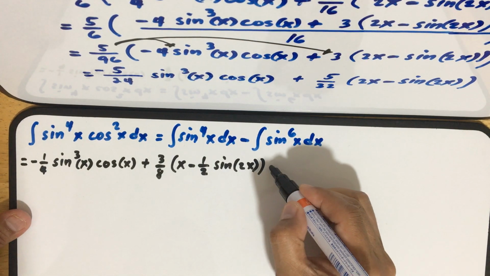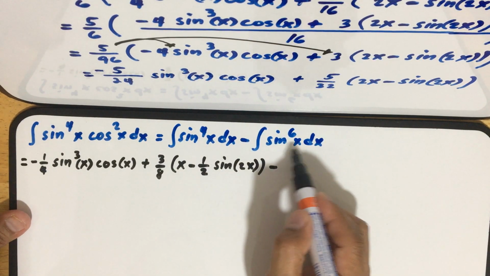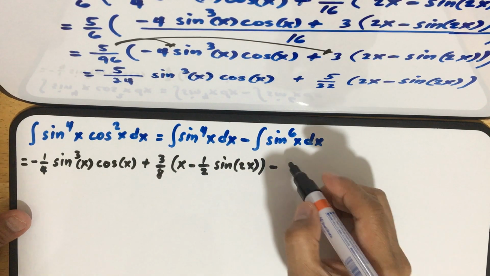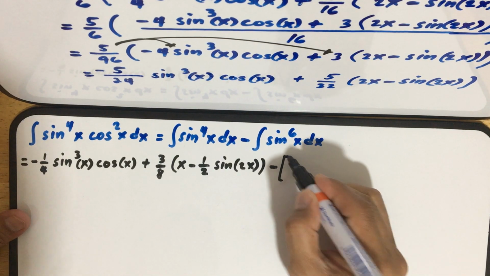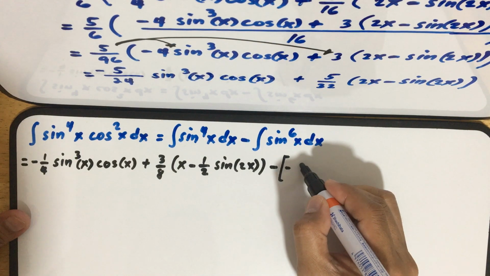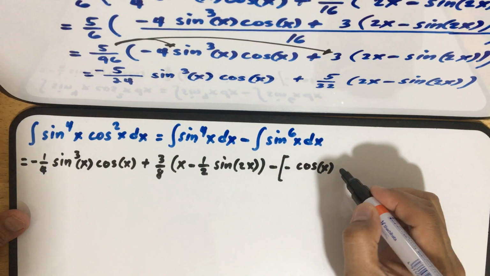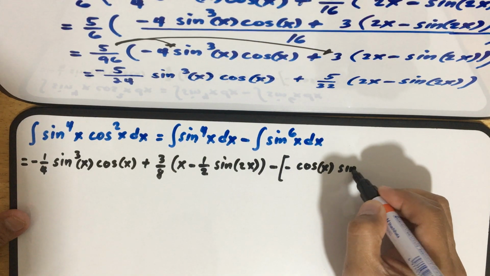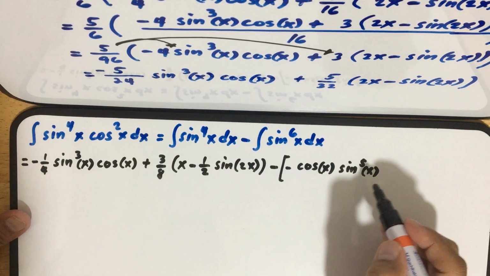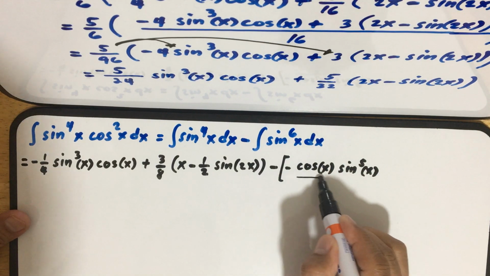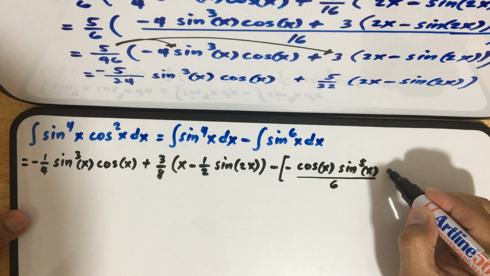Then minus, this part class is for this one alone, then minus this, where this one is equivalent to, I'll put this bracket, minus cosine x sine to the 5th power x, then this is divided by 6, then plus.